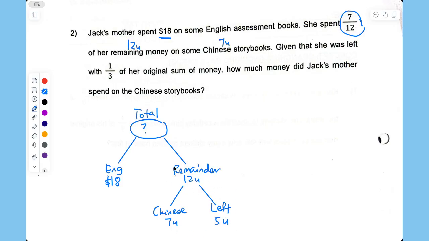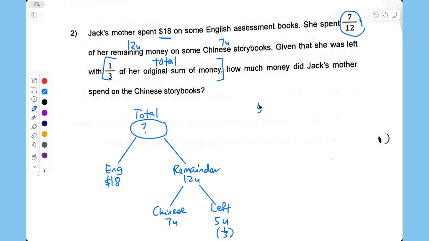So this branch here, 12 units, is branched out to 7 units and 5 units. And this 5 units that she has left with is 1/3 of her original money. That means this is the total money that she has left. She's left with 5 units, and this is 1/3 of her total money.